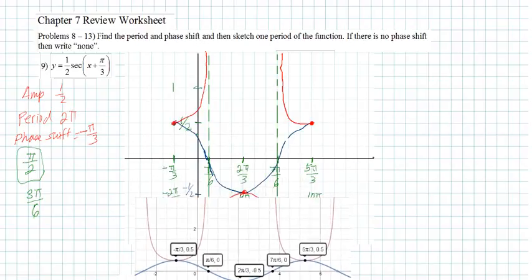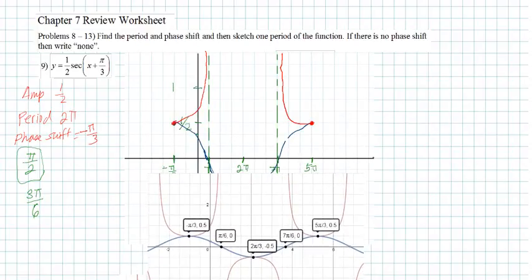Okay, so let me write our coordinates here. So this one would be negative pi over 3, 1/2.